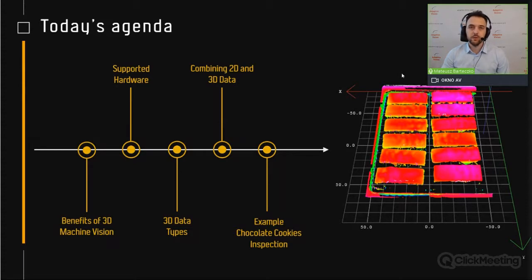I will mention the supported devices, what kind of data these devices can return, how to combine 2D data with 3D data, and later on, I will show you an example. It's going to be an application for chocolate cookies inspection.